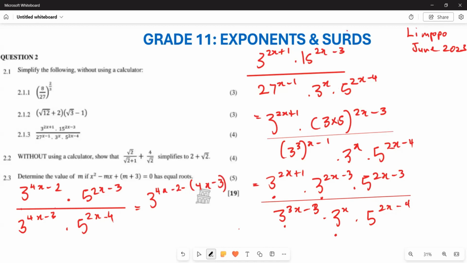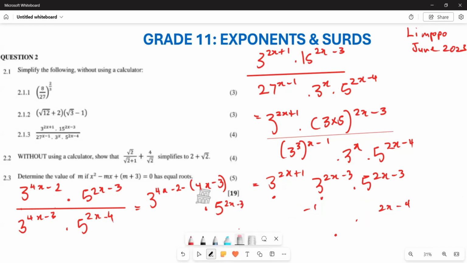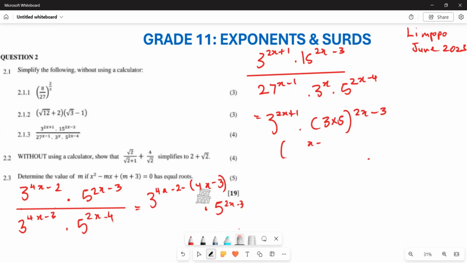And then when you take the 5, this is going to be 5 to the power of 2x subtract 3. Let's just make up our space here so that you can see, right? Now this is going to be 2x subtract 3. This is going to subtract what?